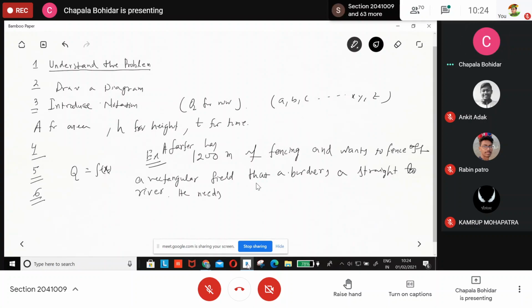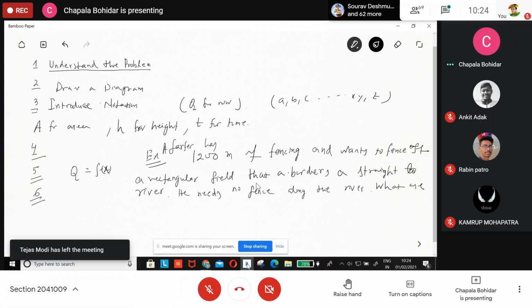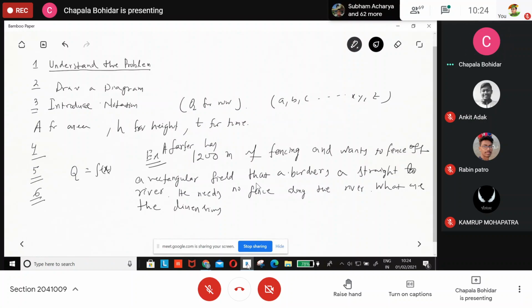What are the dimensions of the field that has the largest area?